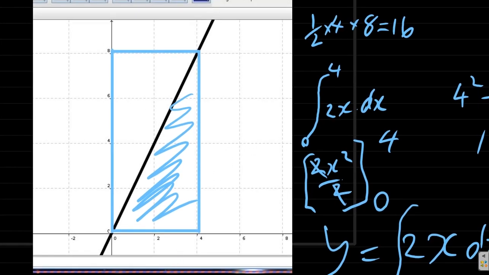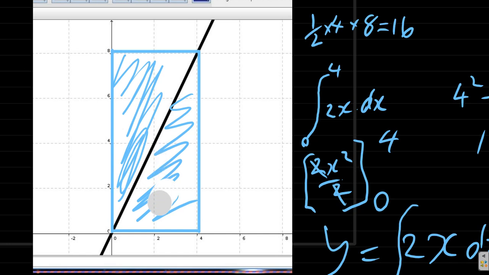We could also find the area of this side over here using a similar technique. So let's erase this part, the shading. So we're interested in this side over here.